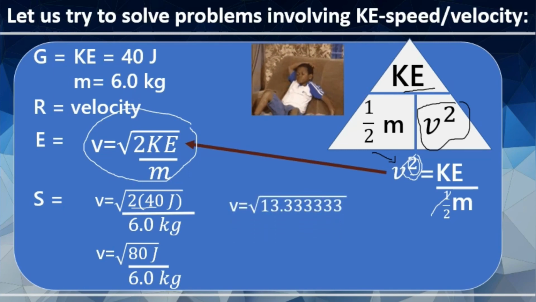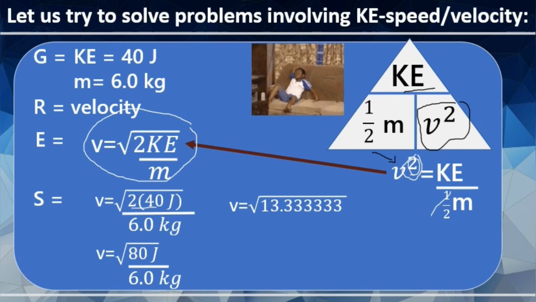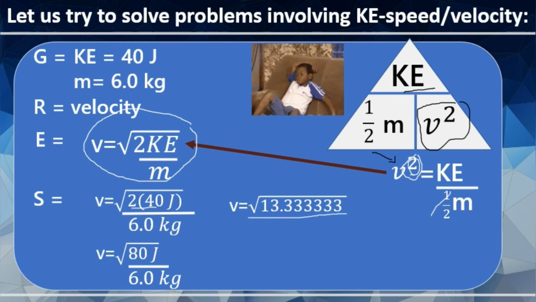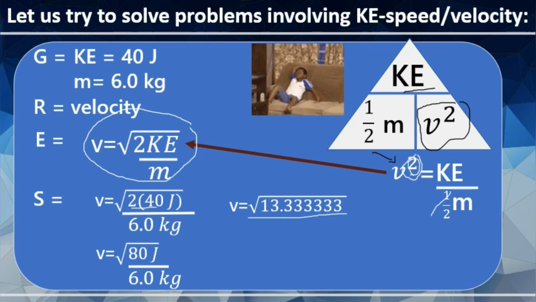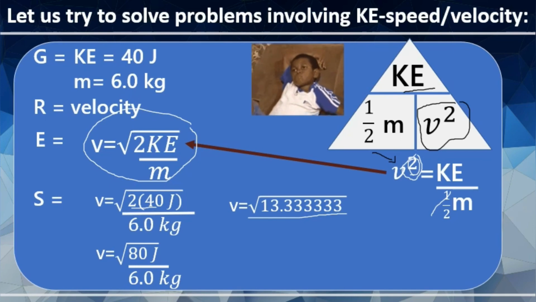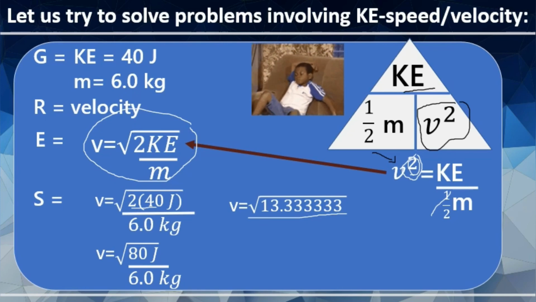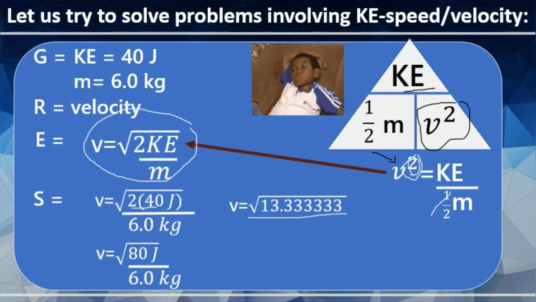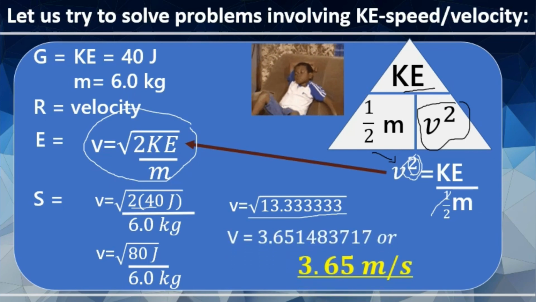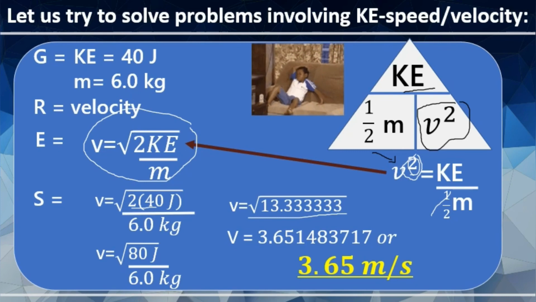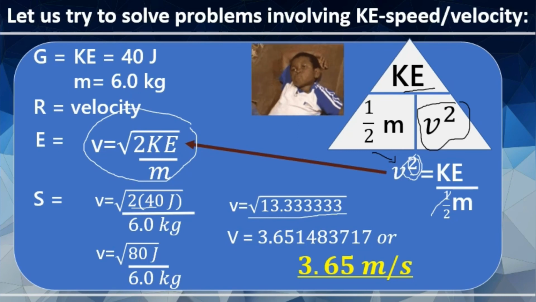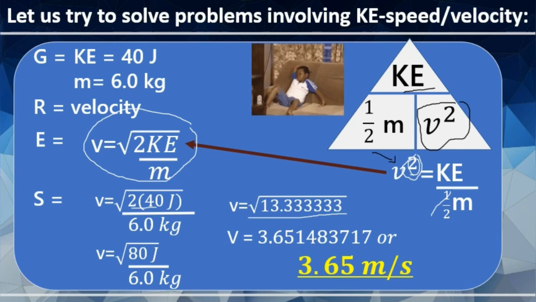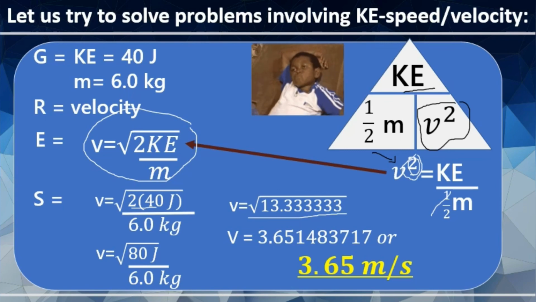And now, after dividing 80 by 6, the answer will be v equals square root of 13.333. But again, it's not final because we need to get the square root of 13.33333. So the final answer is velocity equals 3.651483717 or simply 3.65 meter per second.